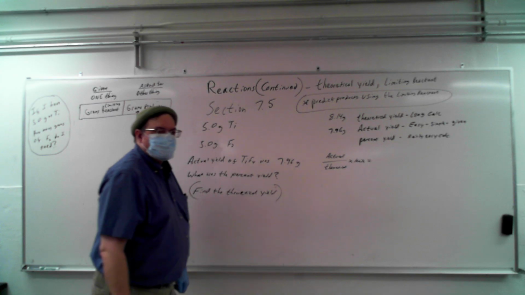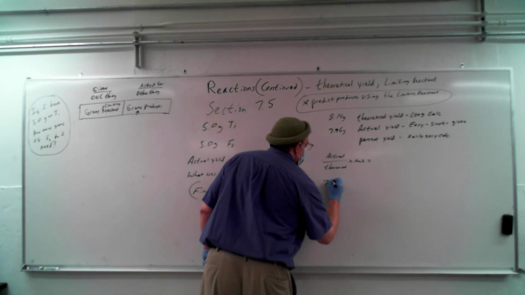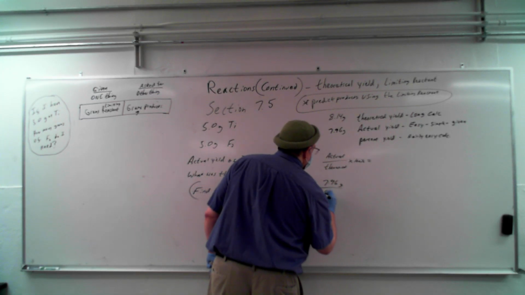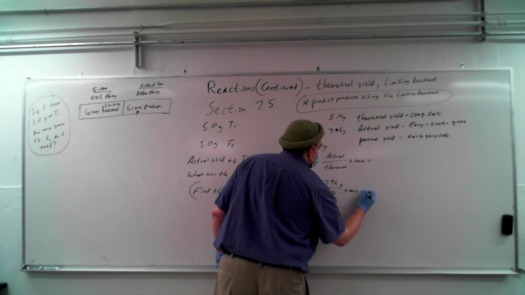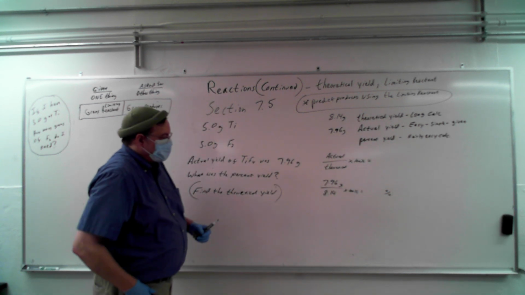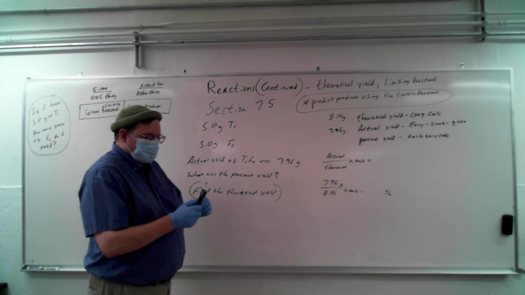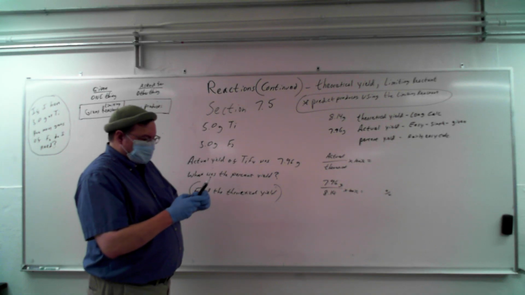That's how you find the percent yield. Actual was 7.96 grams. Theoretical was 8.14 times 100%. It is typical that you lose a little bit of your product for whatever reason. It's rarely everything works out perfectly.